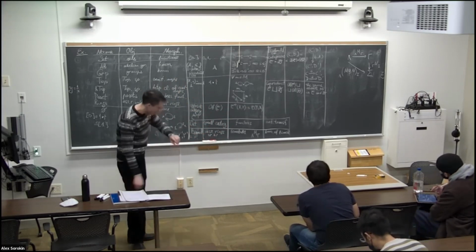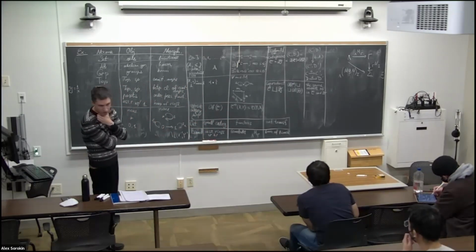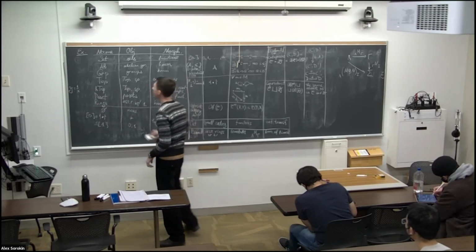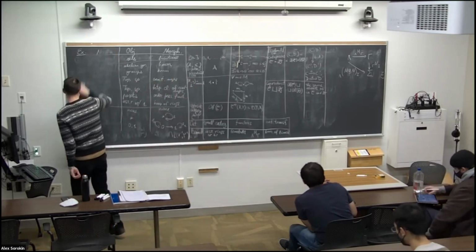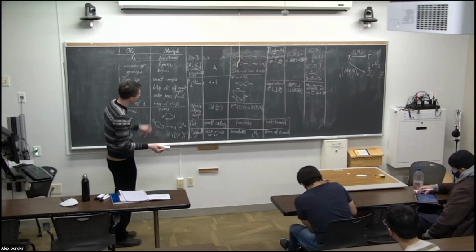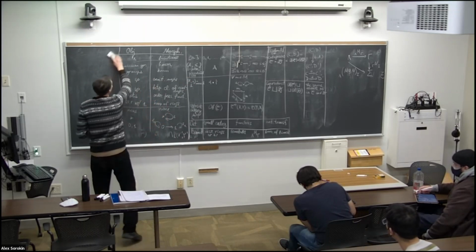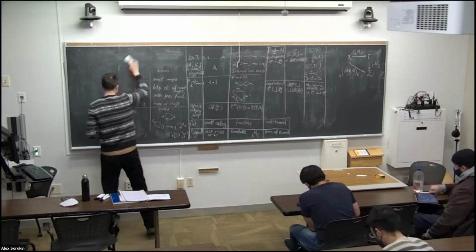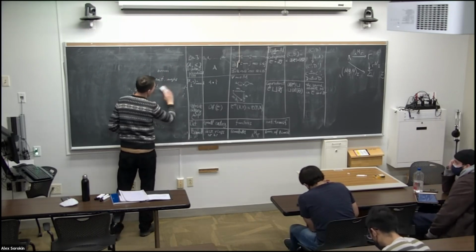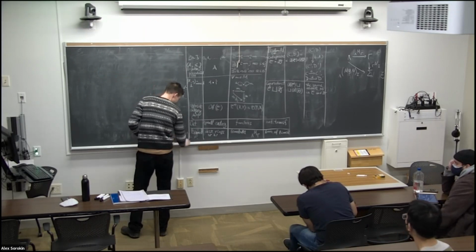Well, this is enough with categories. Now we'll go to functors and natural transformations. Same stuff will happen now.